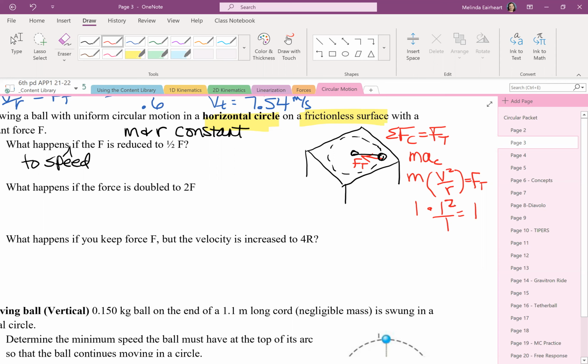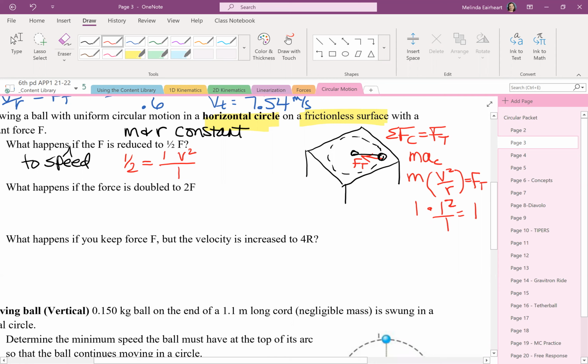Now, with constant mass and radius, still 1, 1, what if I have half the force? What's going to happen to the speed? And so I would have F, or let's put in a half there. Mass would be 1, radius is 1, and we're trying to figure out this new speed.